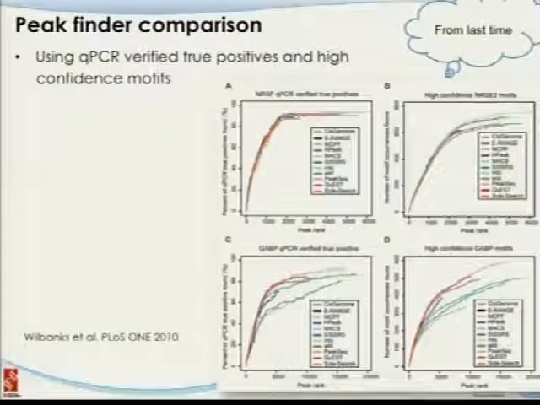Okay? And we mentioned that maybe a dozen, maybe two dozen peak finding algorithms have been reported over the past couple of years, especially in 2008 and 2009, because ChIP-seq came out early, and this is the first real application that occurred in 2007. So there are so many different approaches, but which one to really pick?